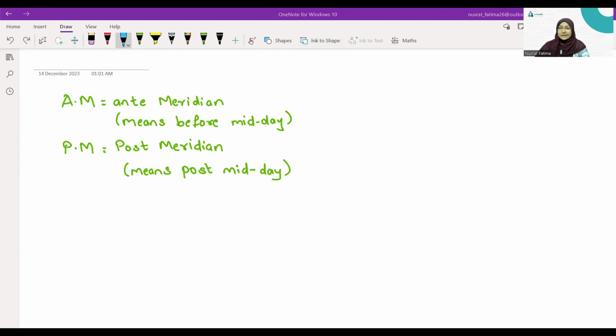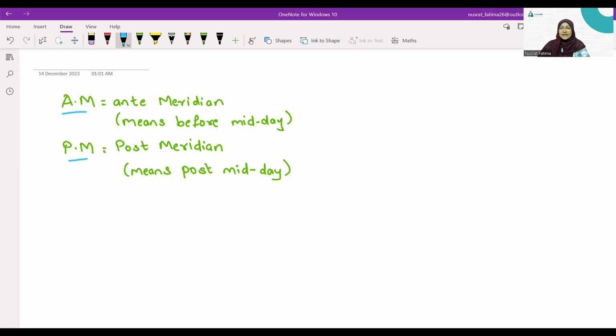Also need to understand a few things related to time. One of those things is AM and PM. You might have seen in various examples, many times we say AM and PM. We make use of these words. What does AM mean? AM is ante-meridian, means before midday.